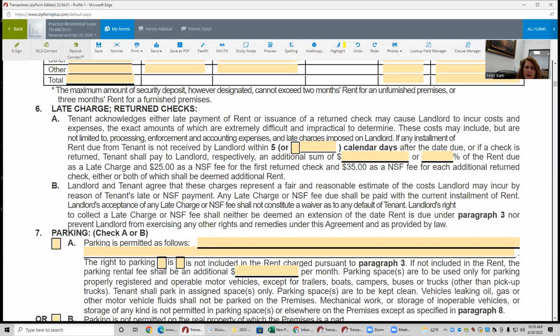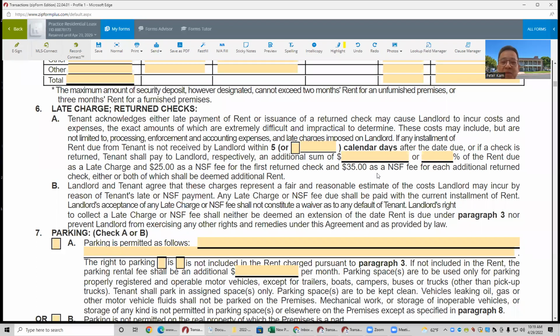Peter, do you have any comments on the percent for the late charge? Yeah, well, the late charge has to be reasonable. Usually it's from 6 to 10%, no more than 10%, but you can do 5%, 6%, or up to 10%. So it's reasonableness. It is not legally required what the late charge is, but again, the key is reasonable.